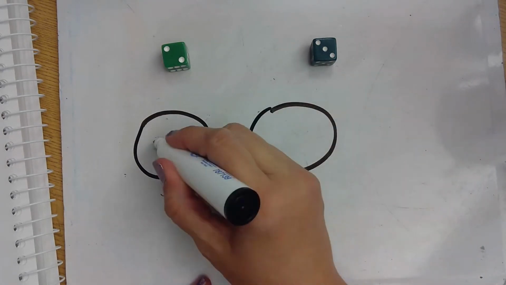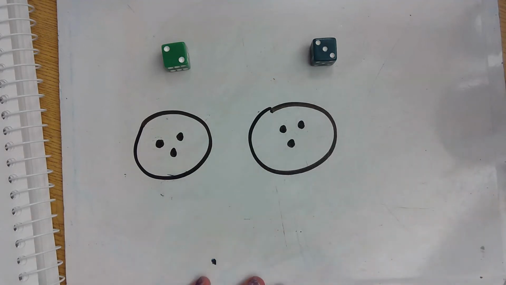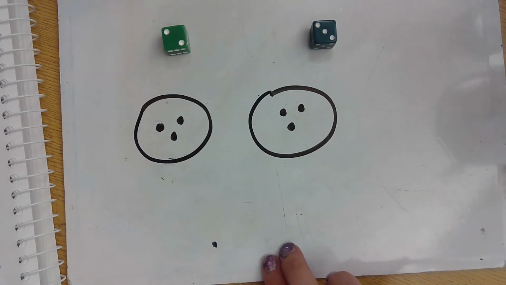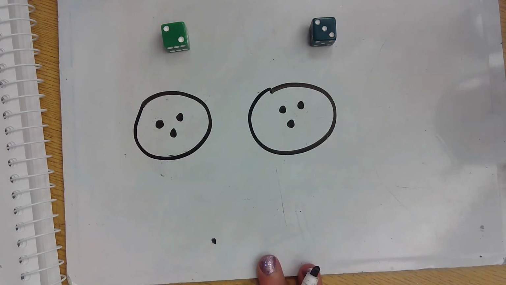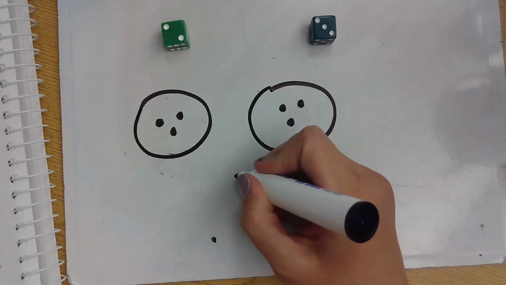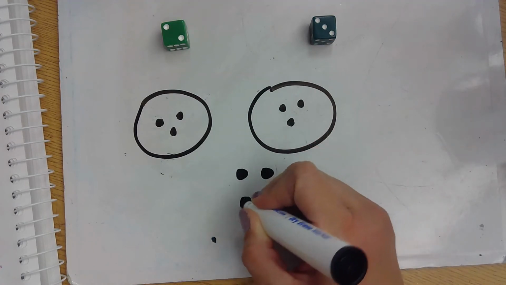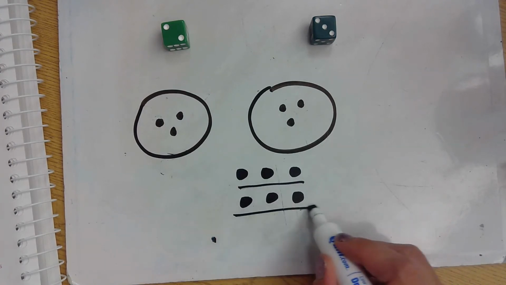Here are 2 groups, and there are 3 dots in each group. Partner B's job would be to make an array using these numbers. So my array, or partner B's array, would look like this. 2 groups with 3 dots in each group or row.